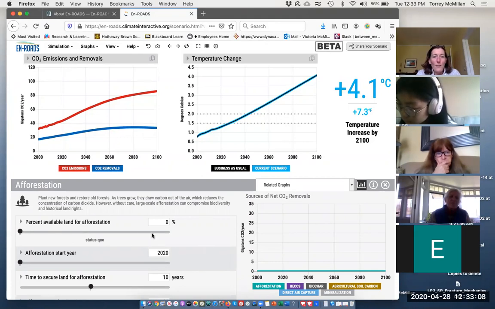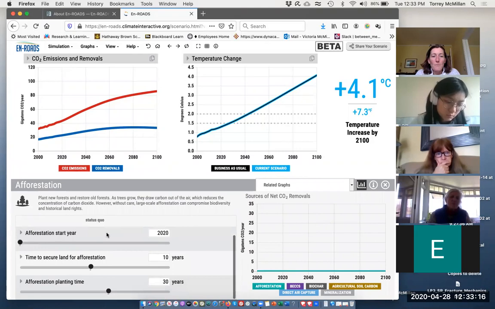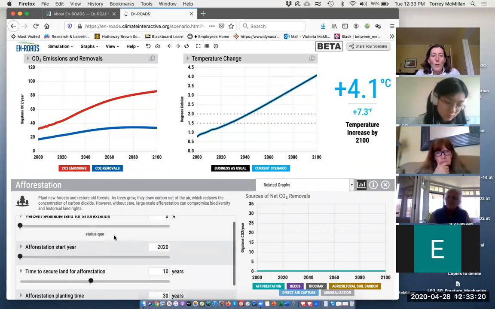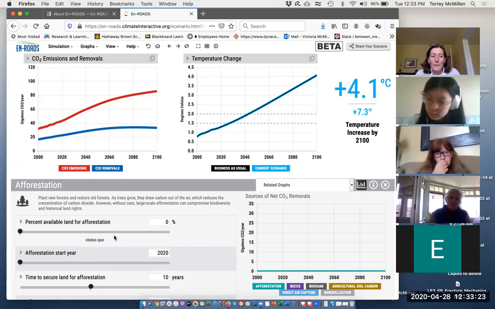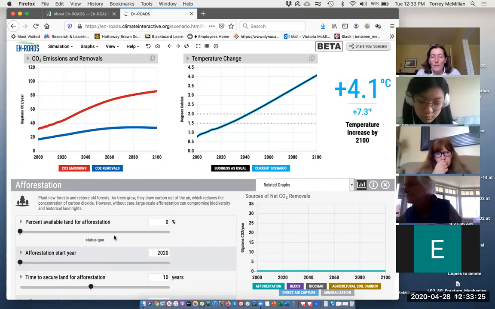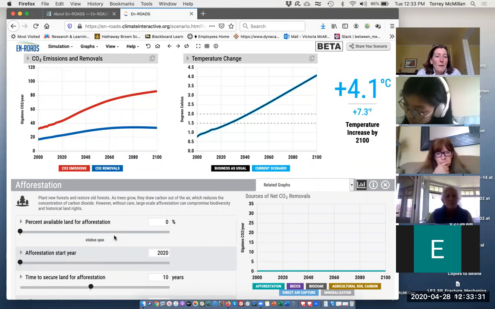So here we can set how much of the land area that's actually available for planting trees we are going to plant out in our scenario. And then how long is it going to take us to do all of that planting, right? Because if you're planting a land area the size of India, you're not going to plant it all in 1 year, right? You actually have to allow time to plant the trees.